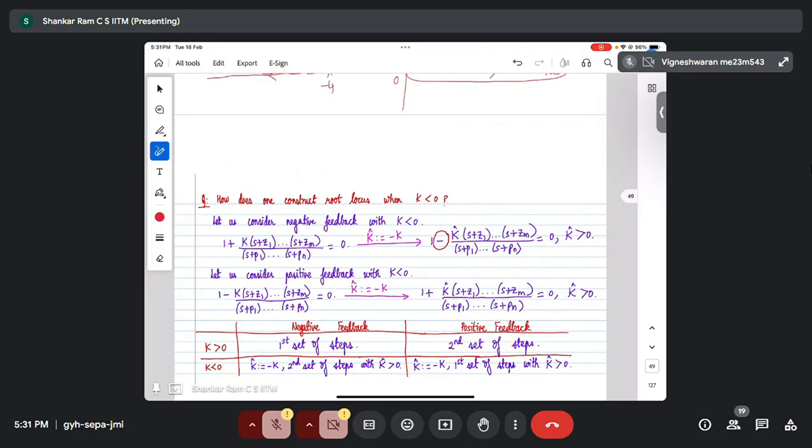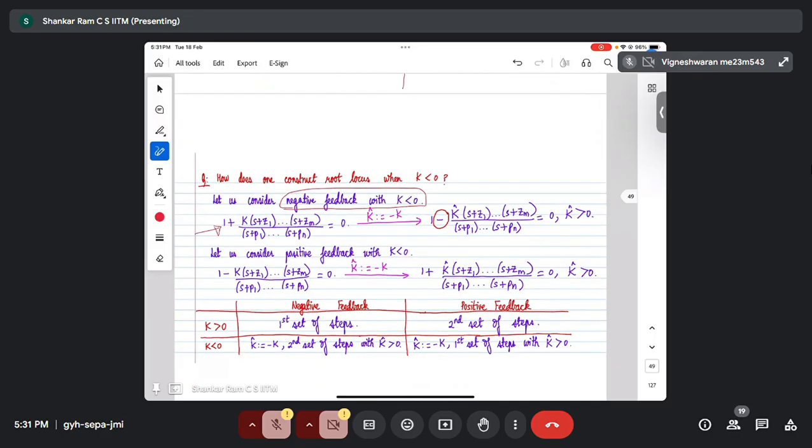So let's first consider the case where K is less than 0 with negative feedback. Then the closed loop characteristic equation with negative feedback is 1 plus K times (s plus z1 through s plus zm) divided by (s plus p1 all the way till s plus pn) equals 0.